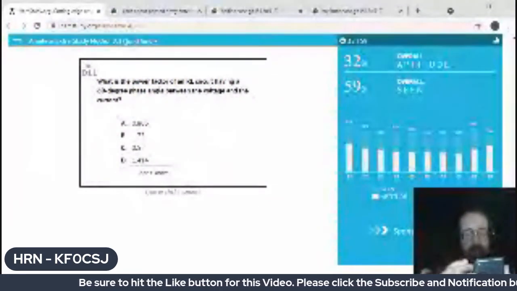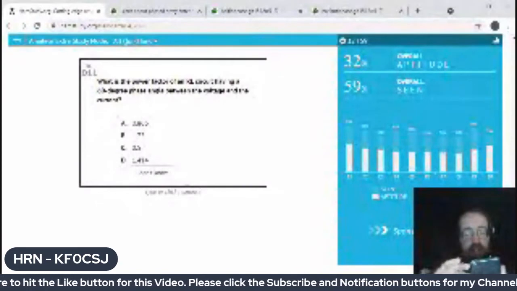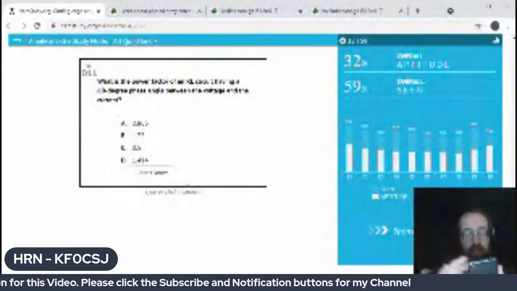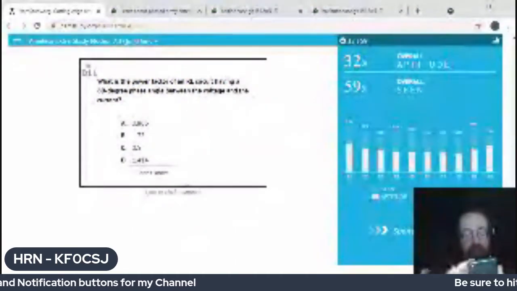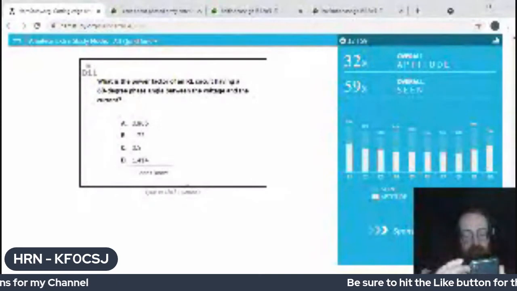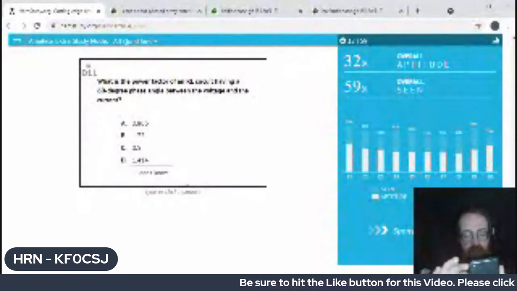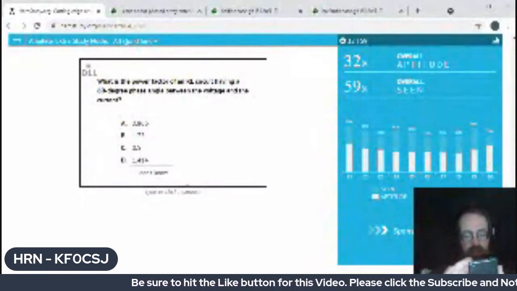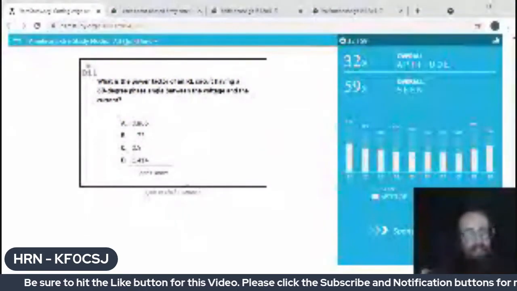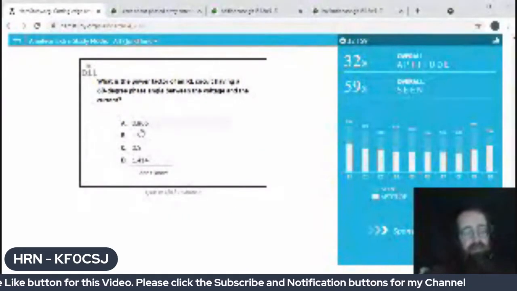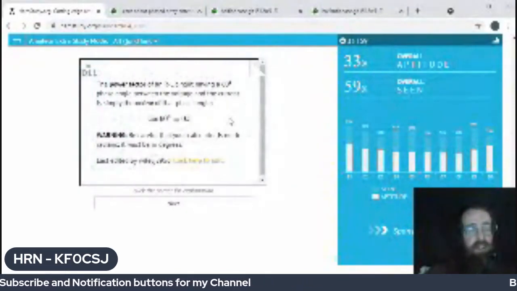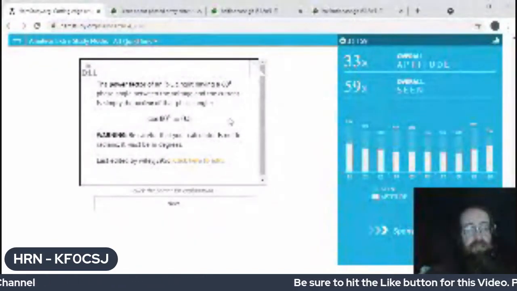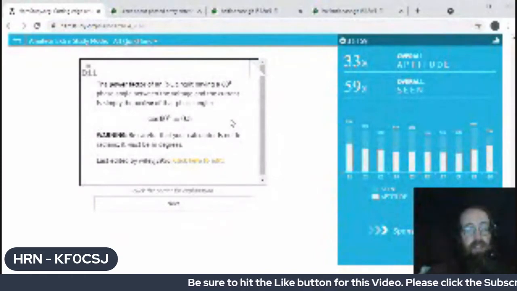The power factor is cosine of the angle, so we have 60 degrees and we want the cosine of that. So I'm going to guess C. Yep. The power factor of an RL circuit is the cosine of the angle.